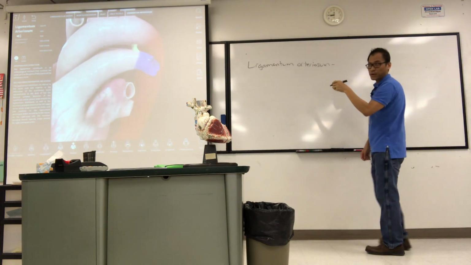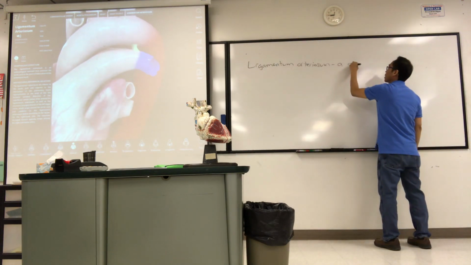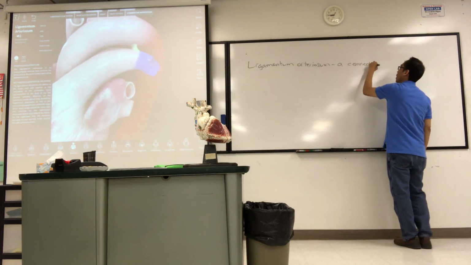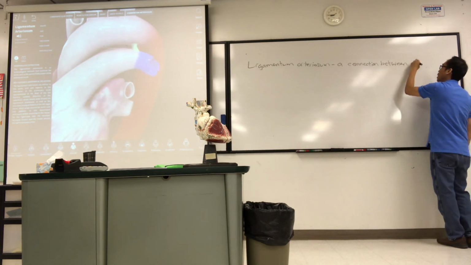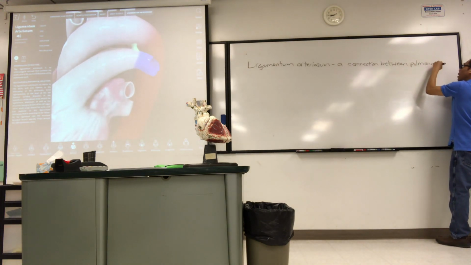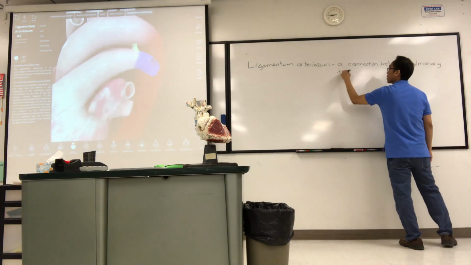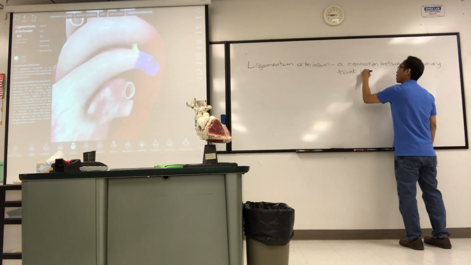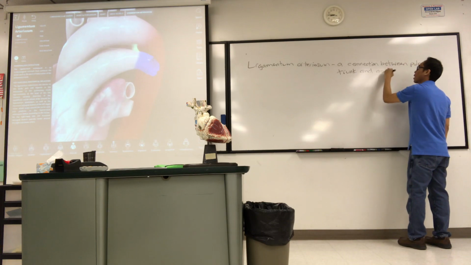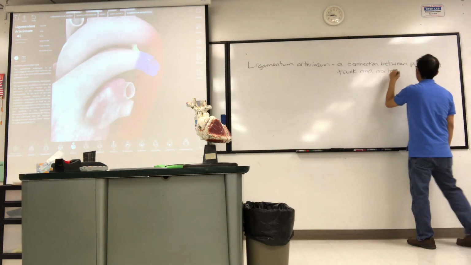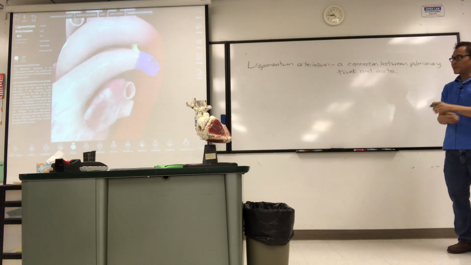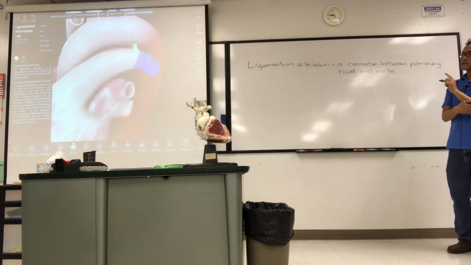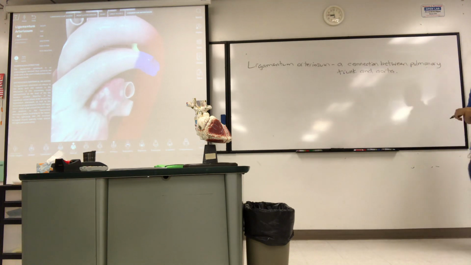Connection between pulmonary trunk and aorta. So when you're looking for it on your sheep heart on Monday, you have to find pulmonary trunk and aorta first, right? Just peel them apart. You should be able to see it there. This is another remnant of fetal circulation. Yeah, you're not using it anymore.